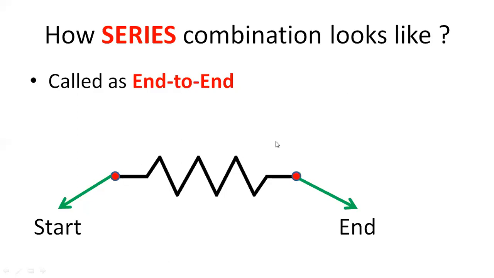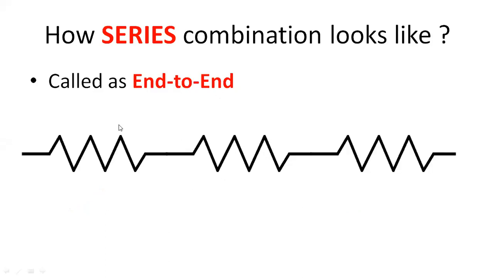Now if I decide to join another resistor with this, I want to join another resistor. So what I have done is I have joined one after the other. Let me identify the start and end points. For the first one, the start and end points I have highlighted with red circles.